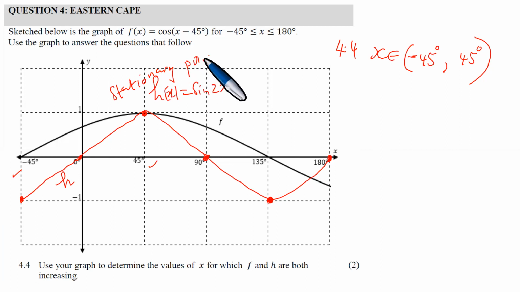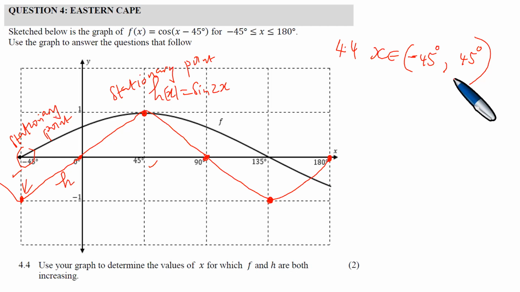Stationary point, but also this one is a stationary point. Okay, so this one here is going to be a stationary point for this function because we understand that it's going to go up like this. Okay, something like that. So you have this kind of an interpretation. So as a consequence, therefore, this would determine the values of x for which f and h are both increasing. So this would be the interval there.